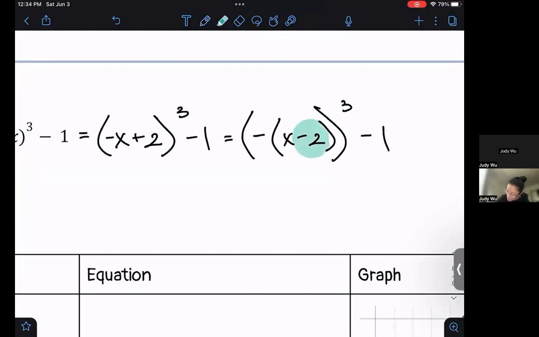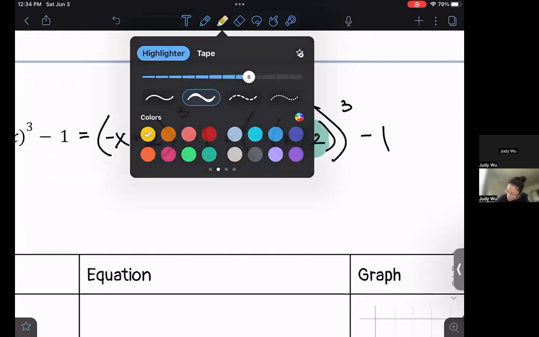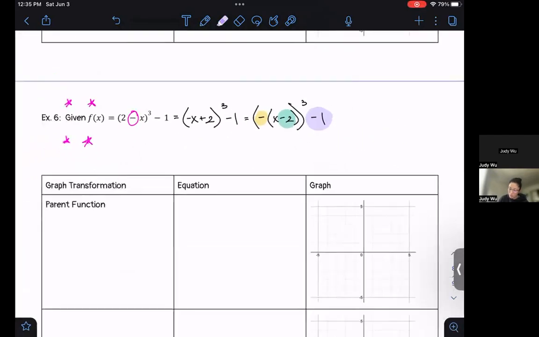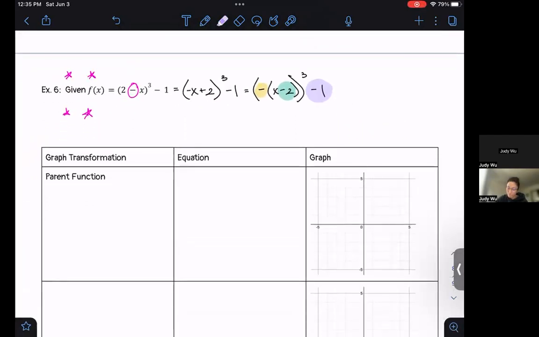All right, now we've got our c value, our b value, and our d value. Very similar to the previous question, okay? But what's different? I don't have an absolute value this time. In fact, I have a cubic function, all right?